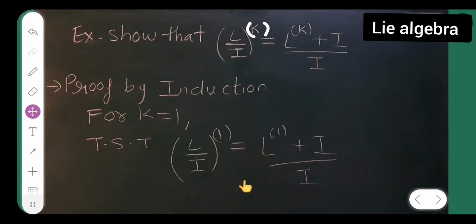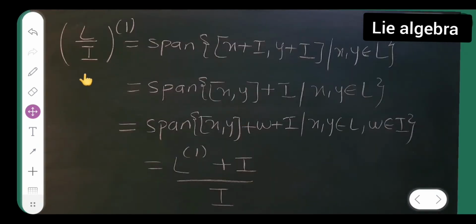Now write this part here. (L/I)^(1) is equal to nothing but the span of the set of Lie brackets [x + I, y + I], where x, y belong to L. Now you all know the definition of the quotient Lie algebra.